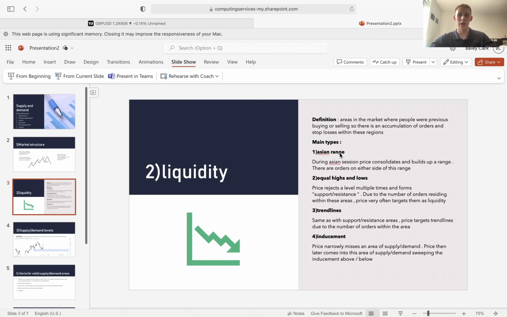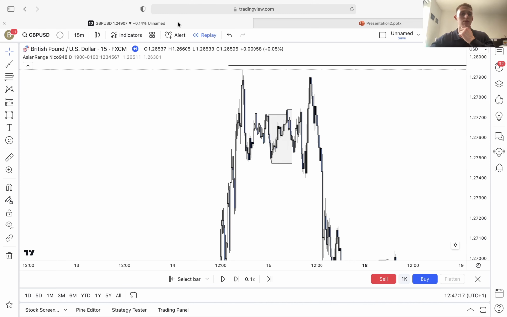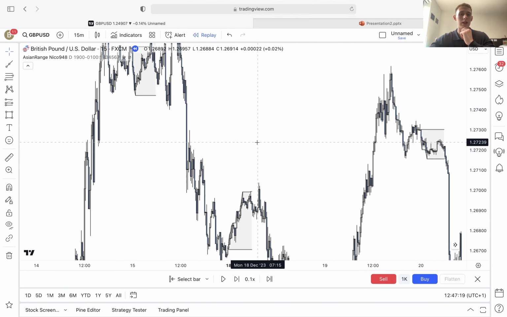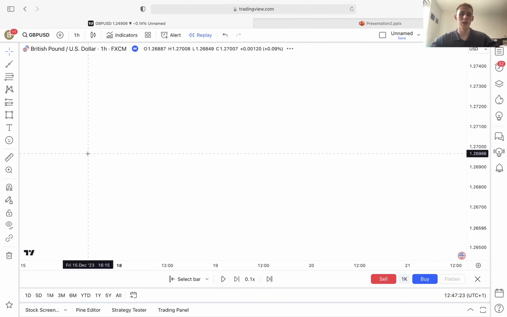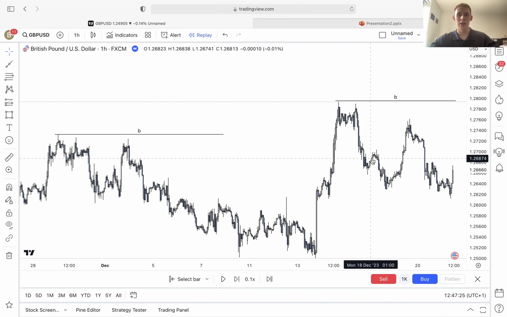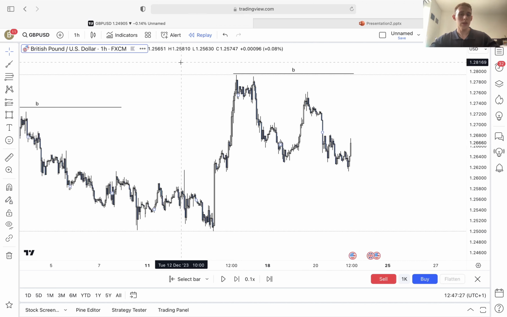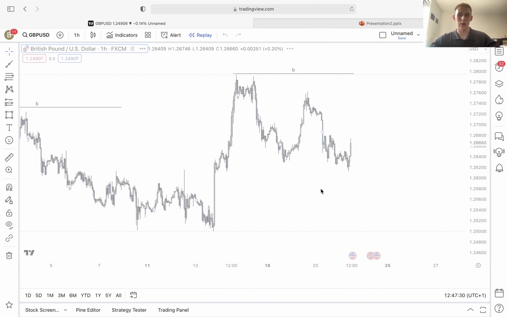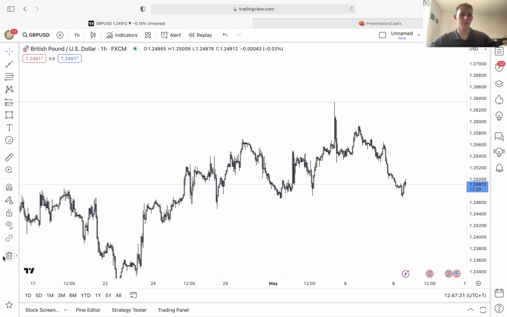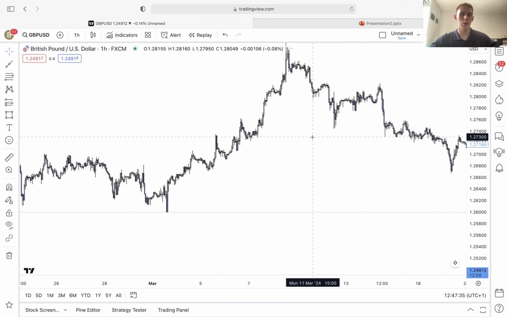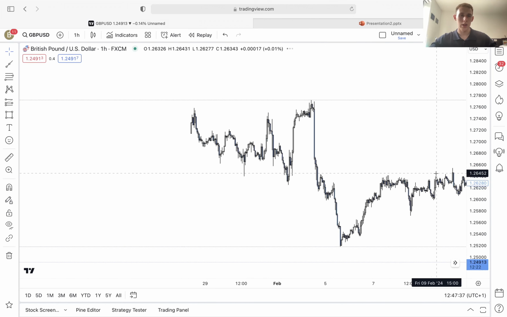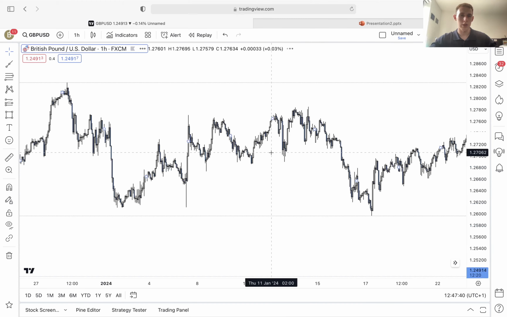So the next type is equal highs and lows, which is probably one of the easiest areas of liquidity to identify and is one that a lot of people use. So if we go back to here once again, using the same example as before, just over here.